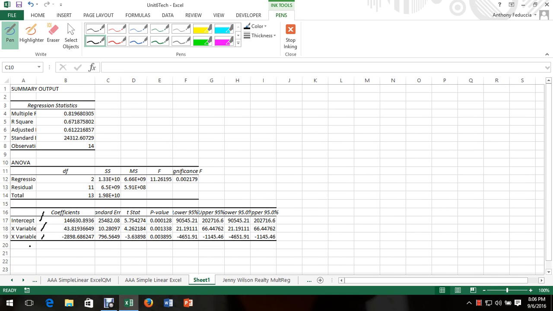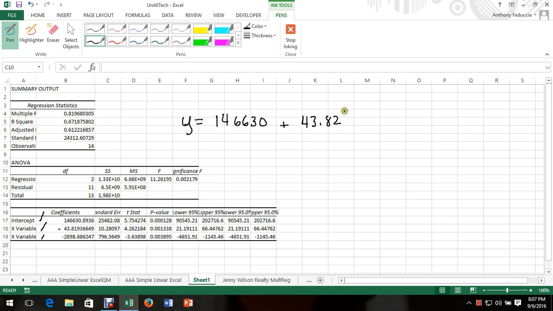So what we're going to have is Y equals the intercept, the constant, which is 14,630, it looks like, plus 43.82, I'll call it. That's the X variable, times square footage.